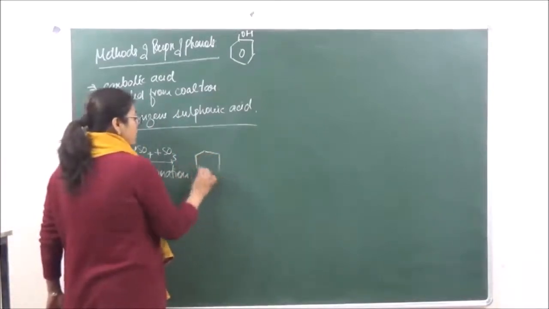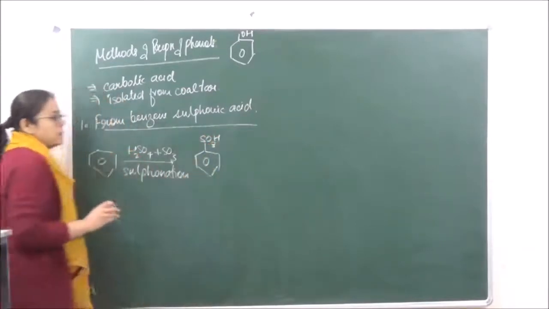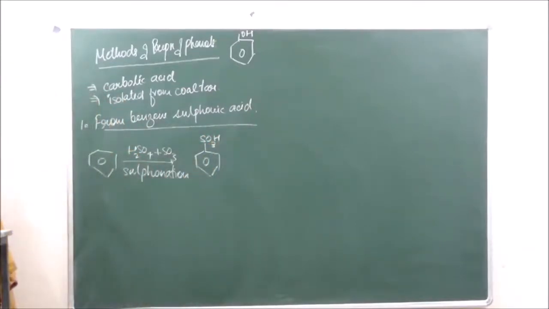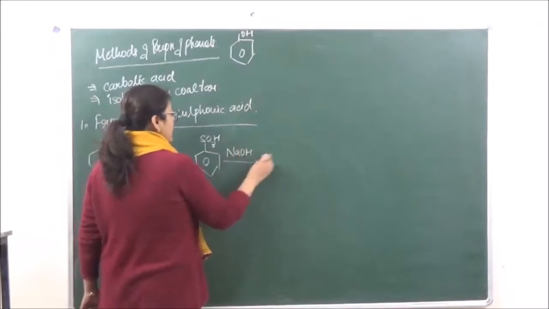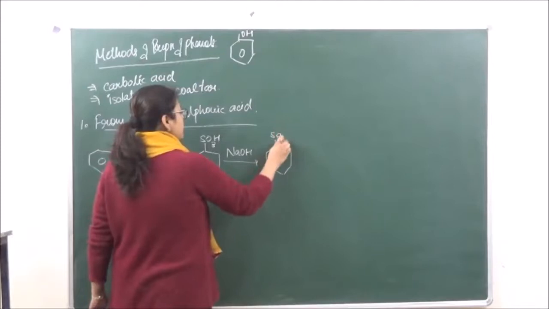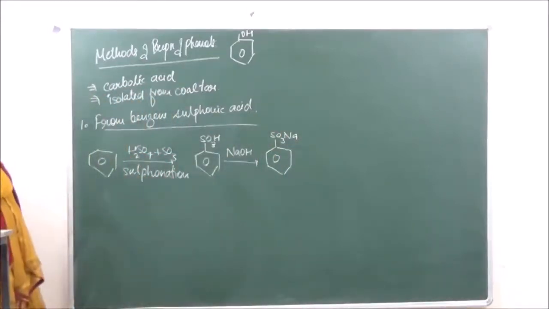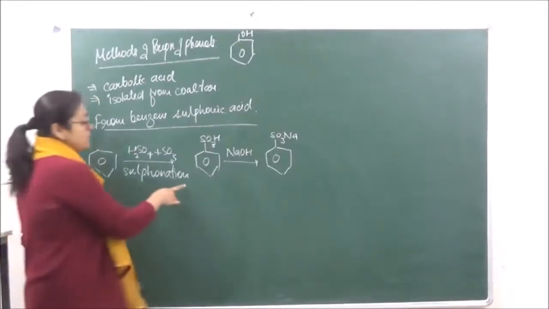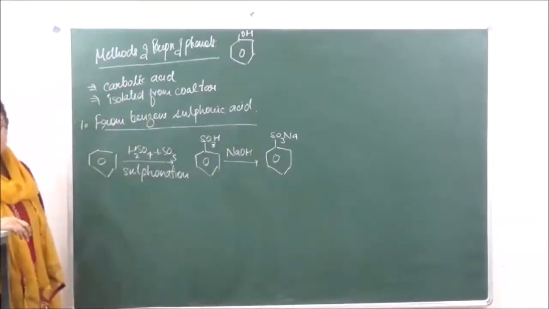So we have over here SO3H. This is known as benzene sulfonic acid. This is then reacted with NaOH to give us the sodium compound of benzene sulfonic acid, which is known as sodium benzene sulfonate.